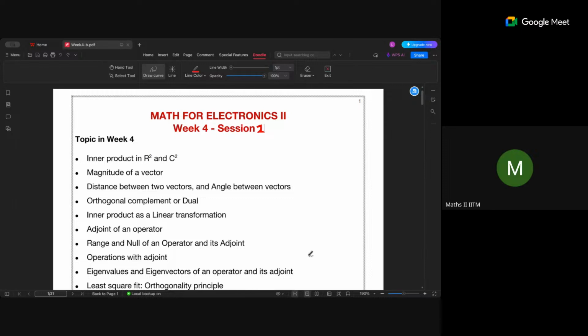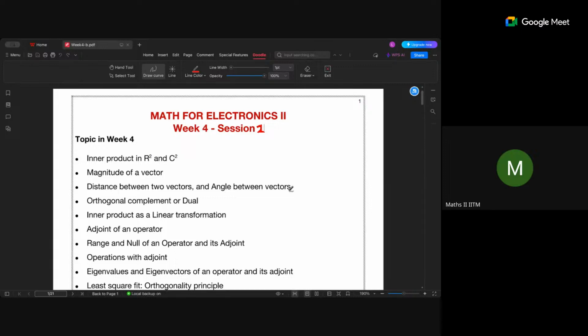Okay, so in week 4, what are the things we have seen so far? We have seen how a dot product is defined in R2 and in C2. The dot product takes two vectors from R2 or C2 and maps them to the corresponding scalars. And then we saw the magnitude of a vector, the distance between two vectors, and the angle between two vectors.